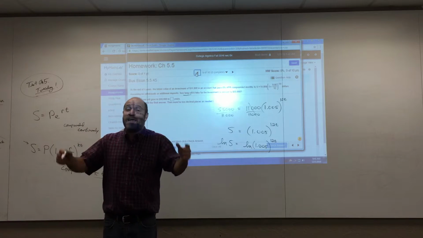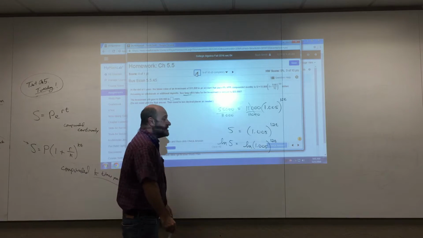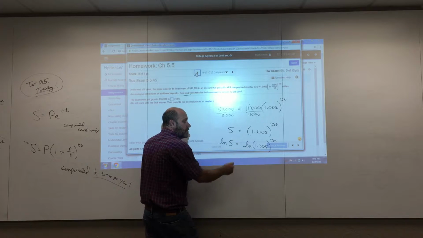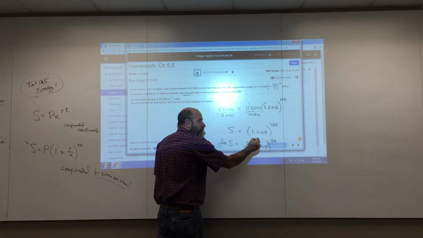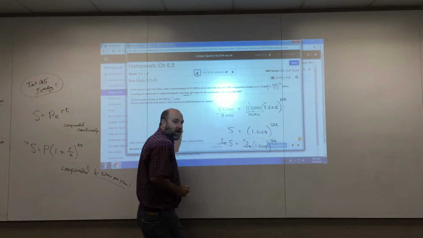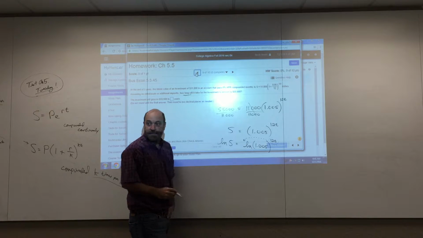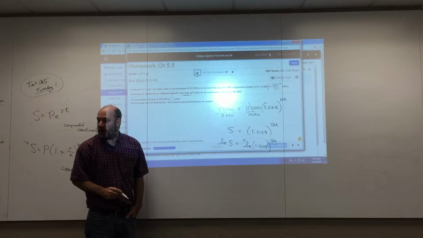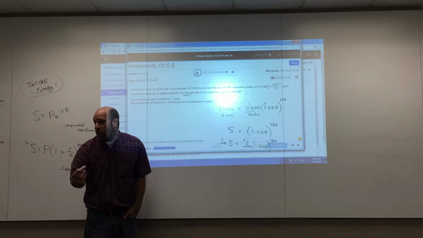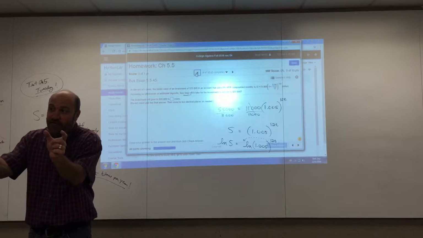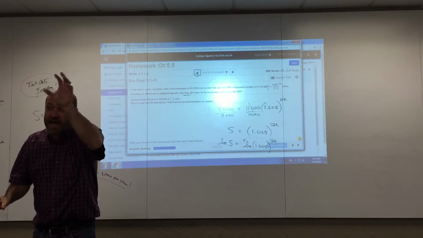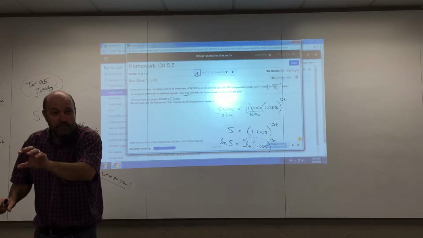Well, I'm going to use that special log property that says once you introduce a log on both sides, you can take this exponent and write it down front. Remember that log property? That's what I need to get t down and solve for t. It's a different strategy. It's not about killing the base. It's about introducing a log so you can use that log property to get that down.